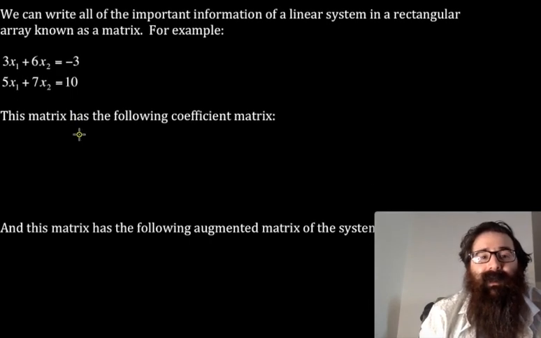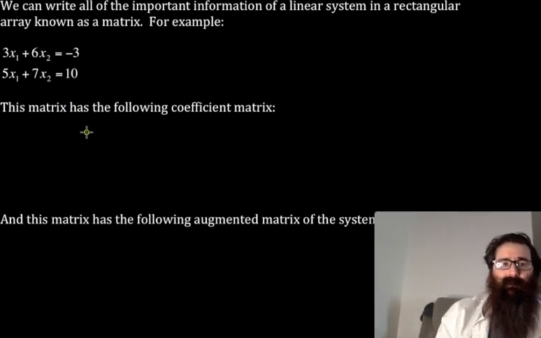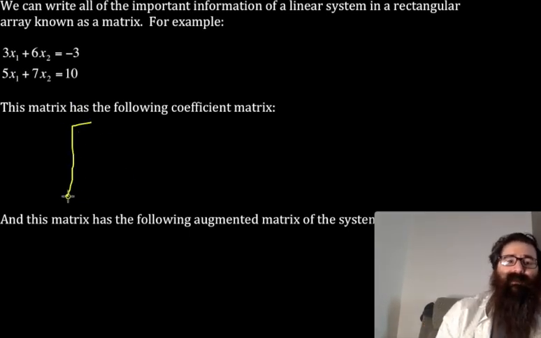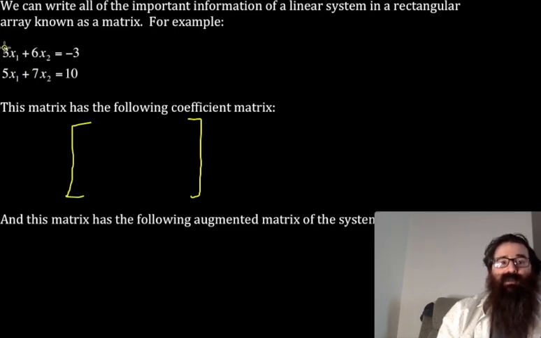And we can start by talking about what a coefficient matrix would look like. For my coefficient matrix, I like to start with my empty box. A coefficient matrix just wants the coefficients on x1 and x2 in order. So I'm going to get two rows since I have two equations. The top row should have the coefficients in order: 3 times x sub 1, so I write the 3, 6 times x sub 2, so I write the 6.